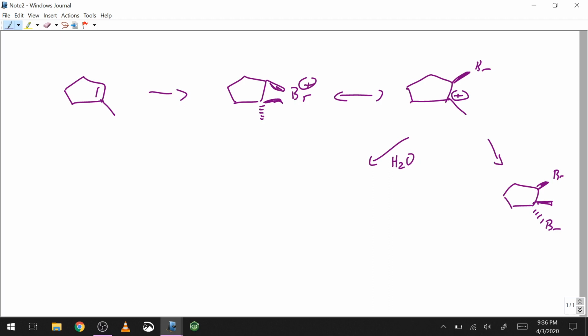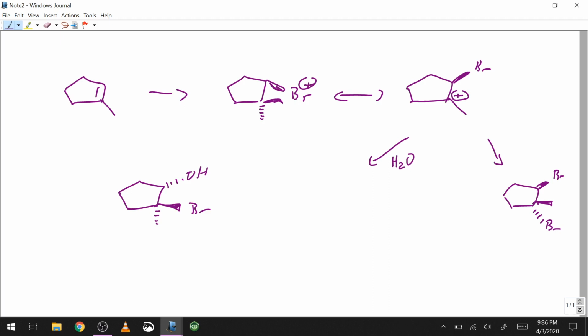Well, if this were SN2-like, which is what I said in the previous case, we would expect to see this. Expect the alcohol eventually, after neutralization, to be opposite the bromine and on the opposite, less substituted carbon, because that's the more accessible one.